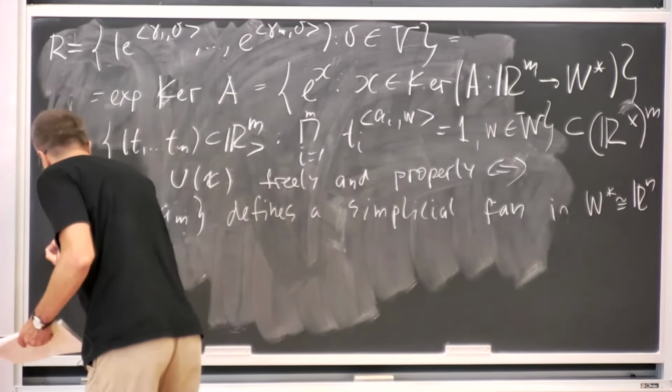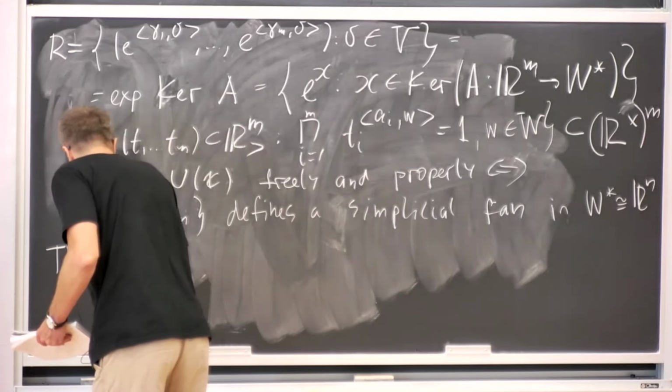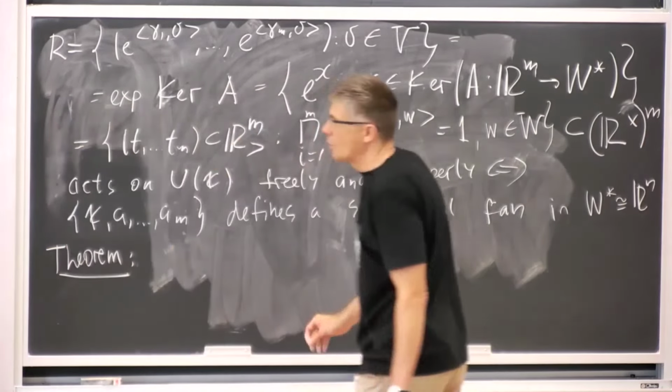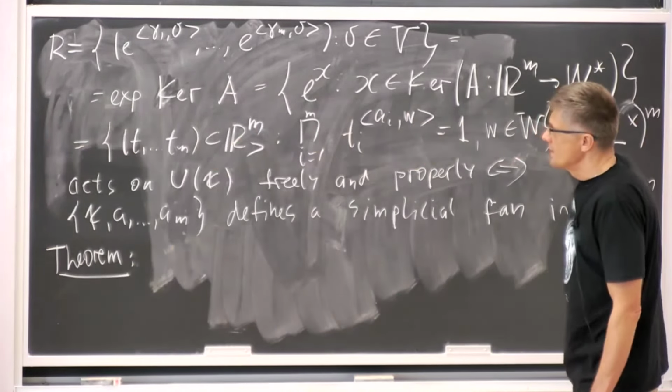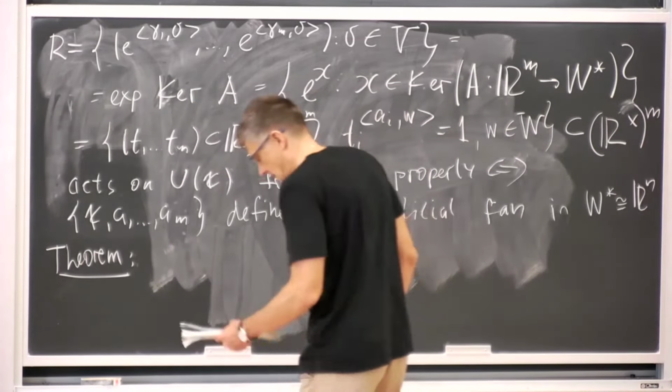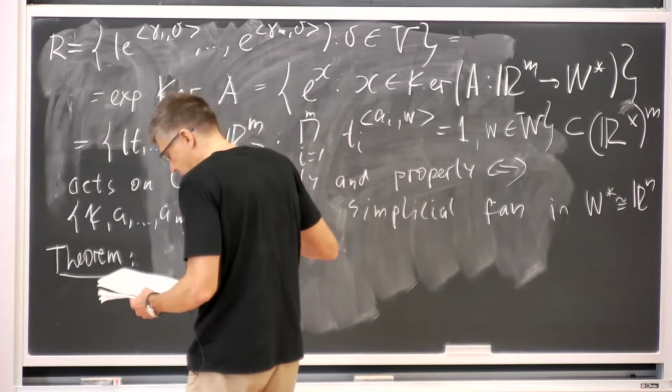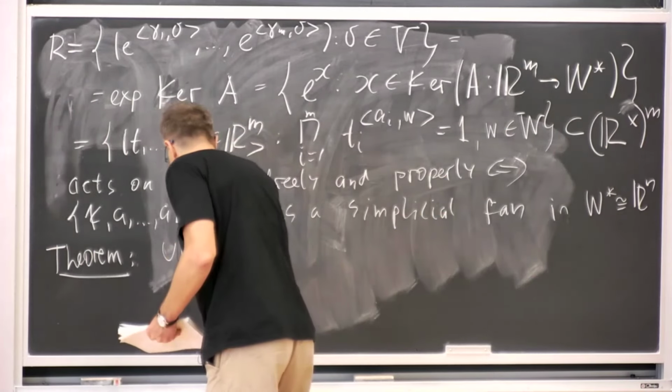And so you can say that there is the following criterion of compactness for the quotient, which is also familiar in algebraic geometry, but here it has a purely topological meaning.